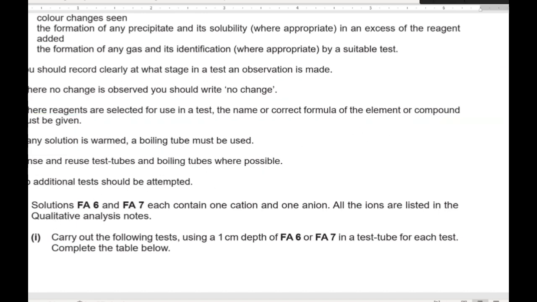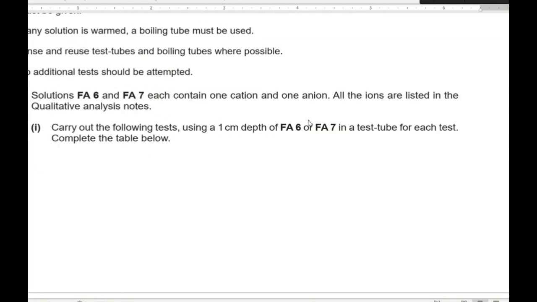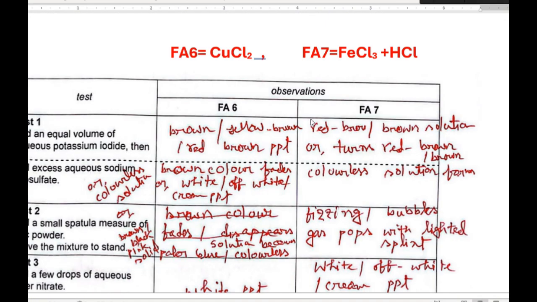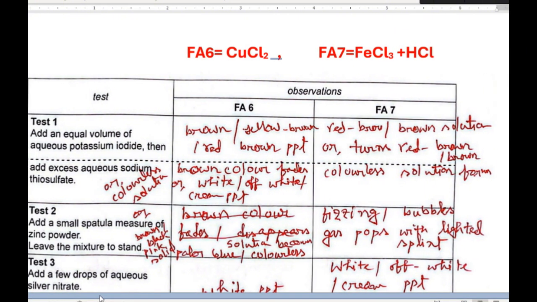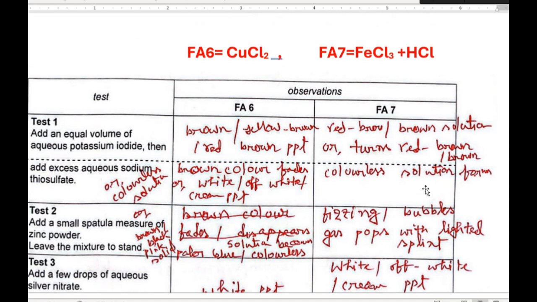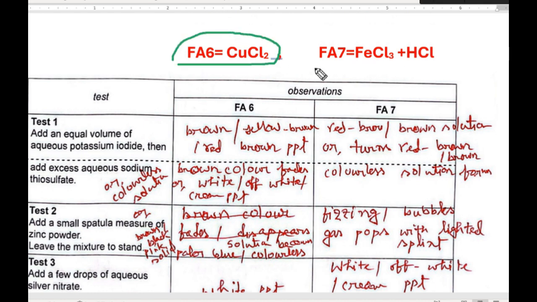Now you see, FA6 is copper(II) chloride and FA7 is iron(III) chloride dissolved in hydrochloric acid.